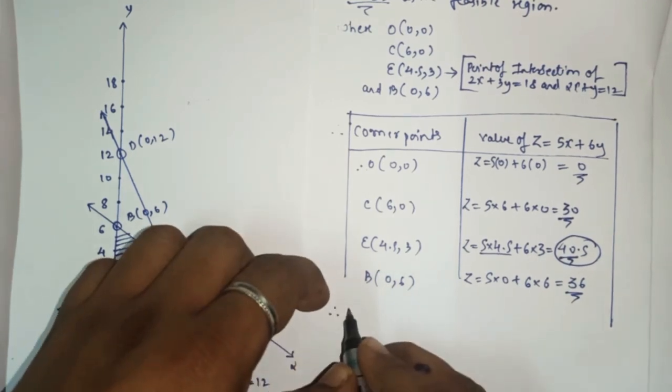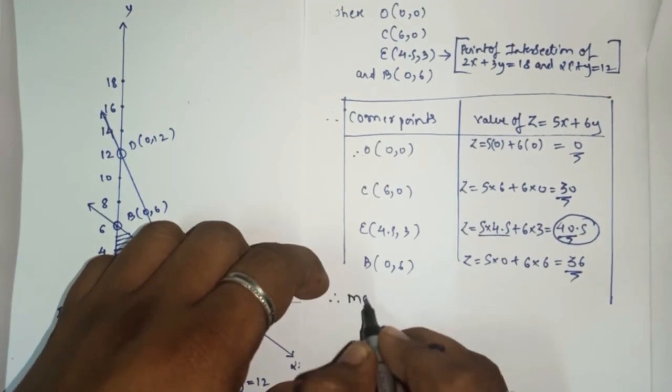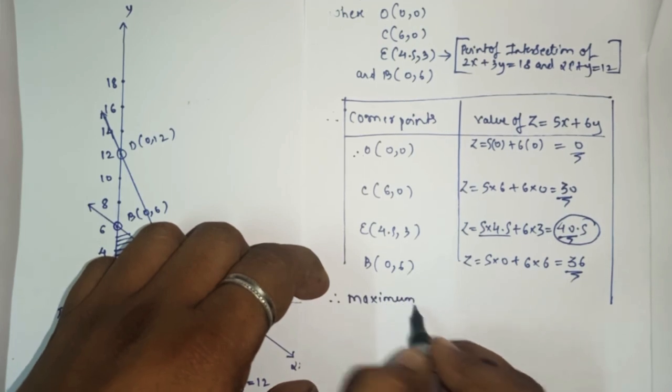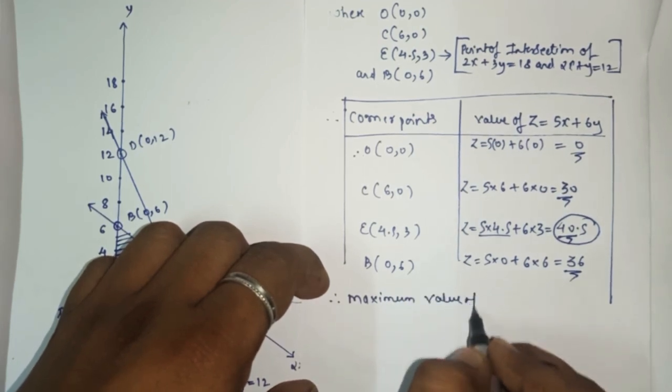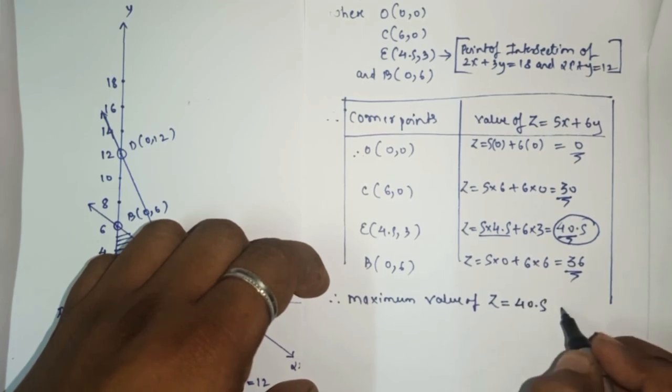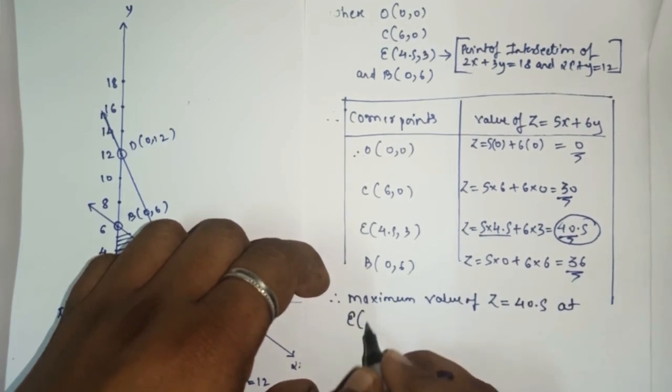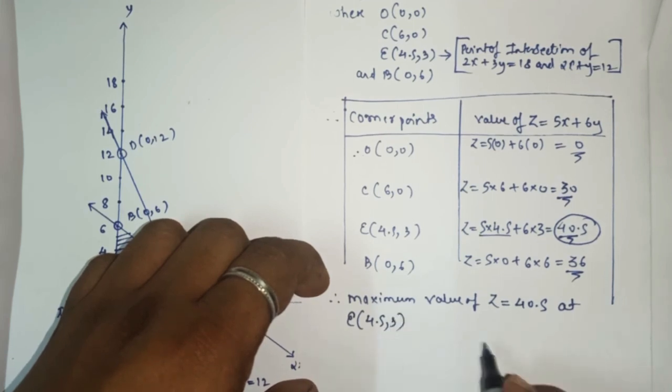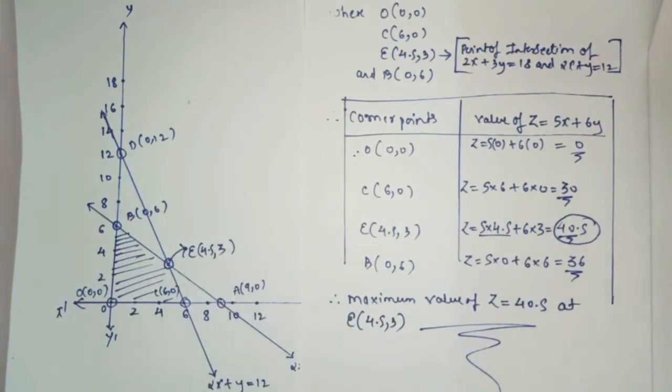So in the last step you will write: for this sum the maximum value of z equals 40.5, at E, 4.5 comma 3. This was the proper presentation. In this way you will present your sum in the board exam.